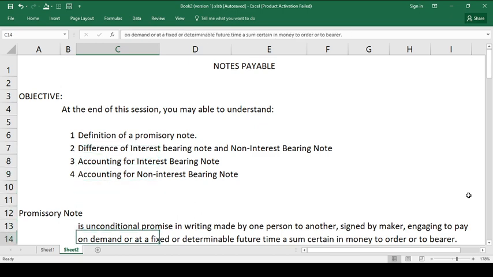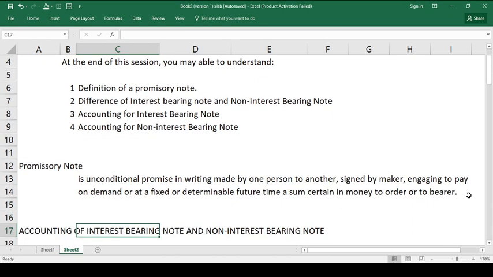So let us begin by defining what a promissory note is. A promissory note is an unconditional promise in writing made by one person to another, signed by the maker of the promissory note, engaging to pay on demand or at a fixed or determinable future time a sum certain in money to order or to bearer.